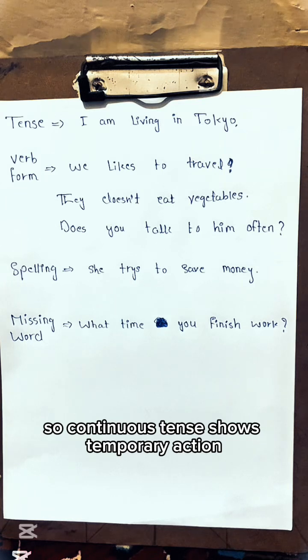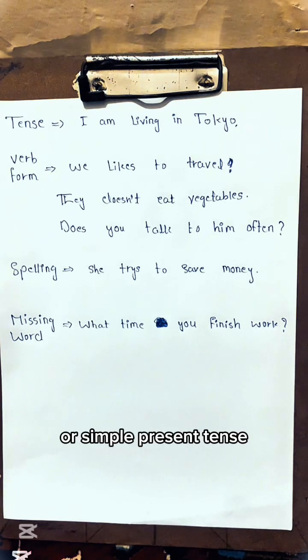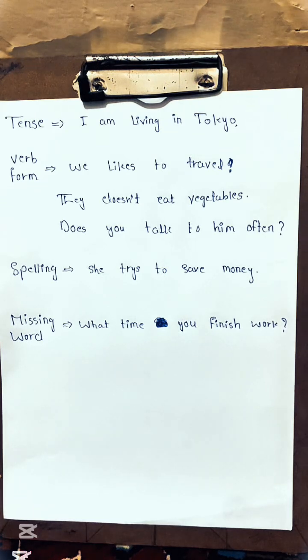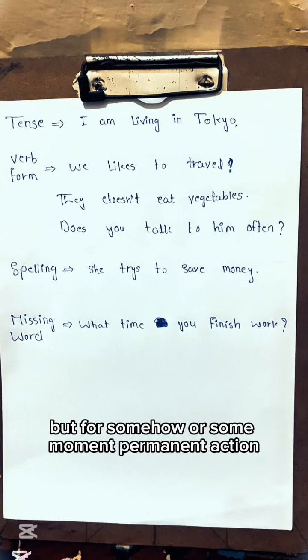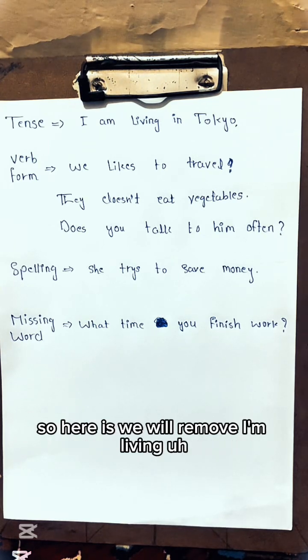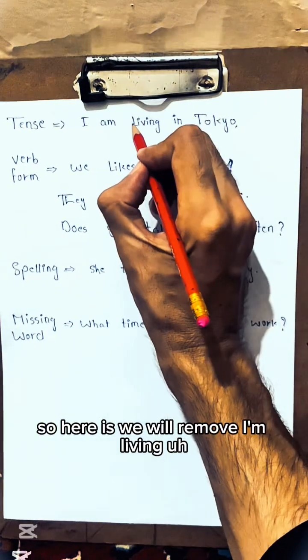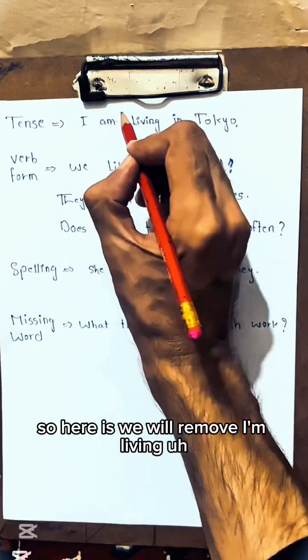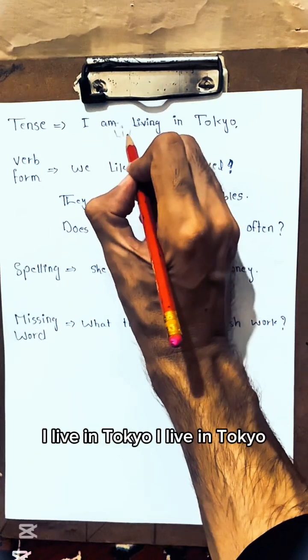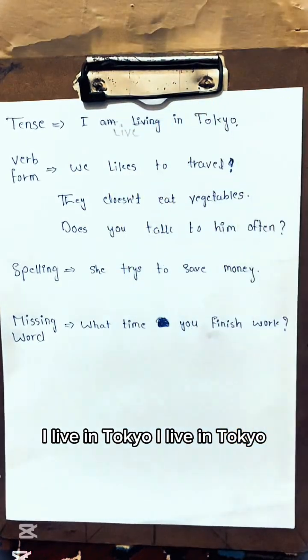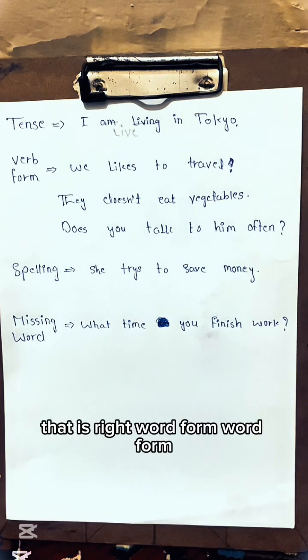Continuous tense shows a temporary action, while simple present tense shows a permanent action, not always permanent, but for some moment permanent. So we will remove I'm living and instead write I live in Tokyo. I live in Tokyo. That is right.